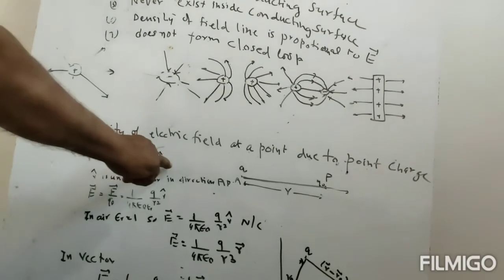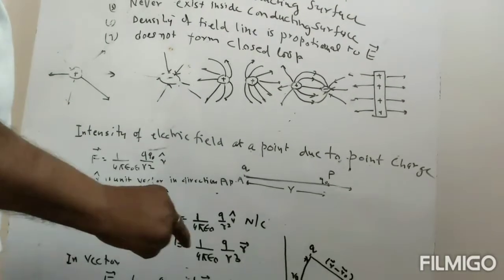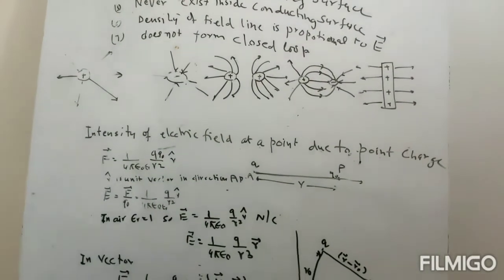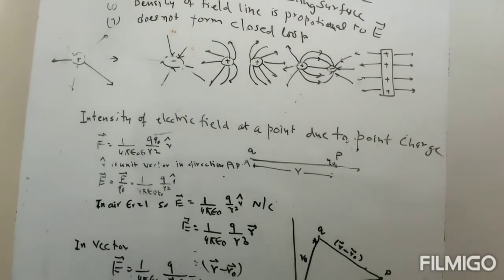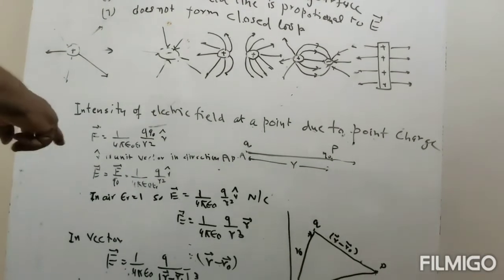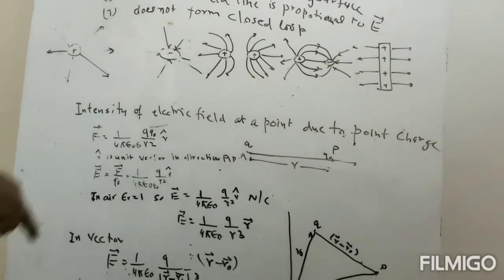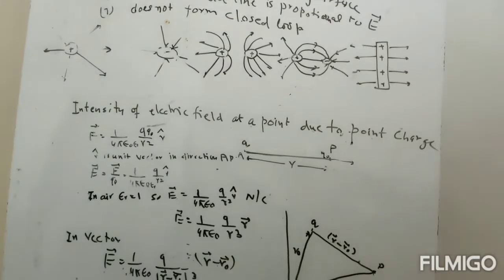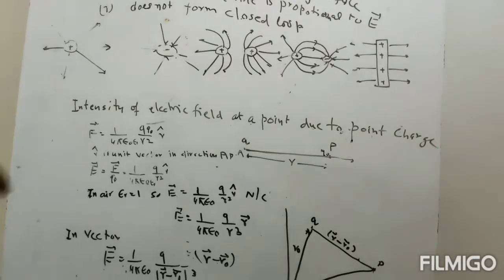Here R cap is the unit vector in the direction of the line joining the charges. Epsilon R is the dielectric constant of the medium.